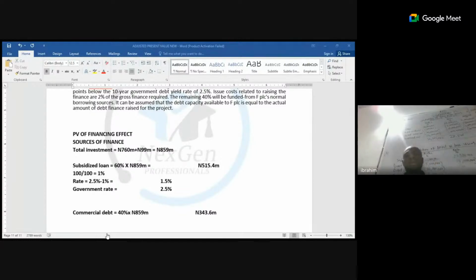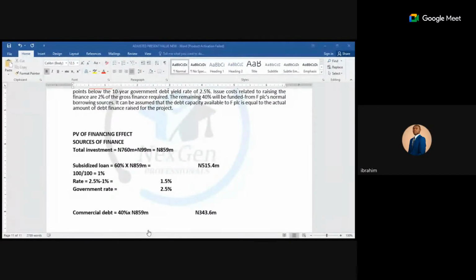Right. So we can move and say your commercial rates. When you add these two together, what do you have? 1.5 plus 2.5, 4%.